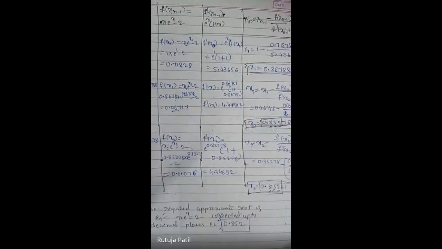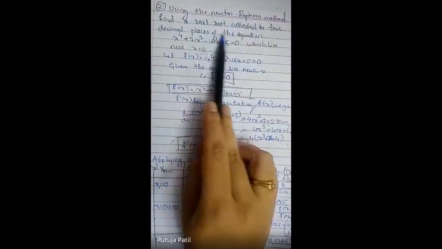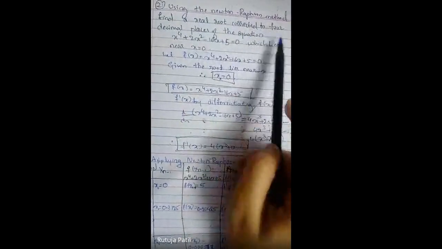So once again, I'll brief what I have done in this video. The 2 problems, in brief, a quick revision. Using Newton-Raphson, we had to find the real root corrected up to 4 decimal places.